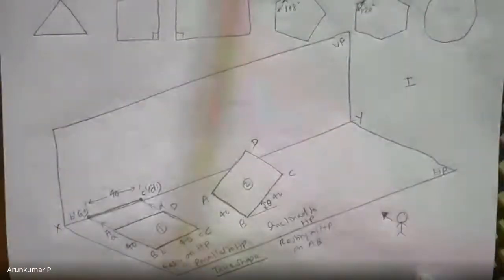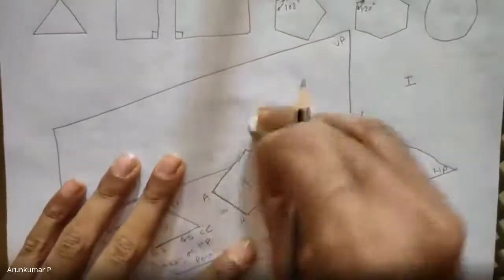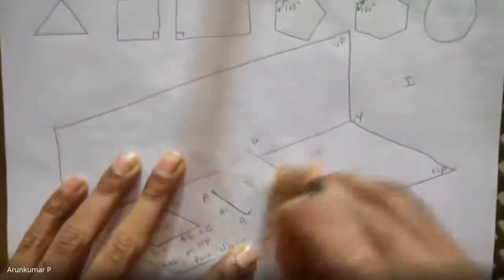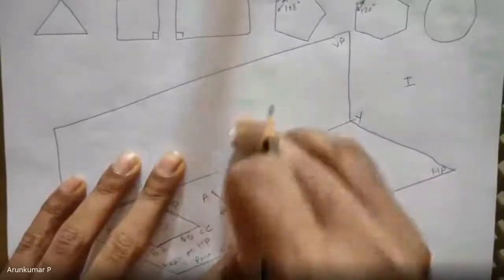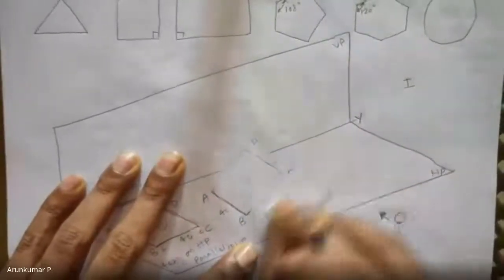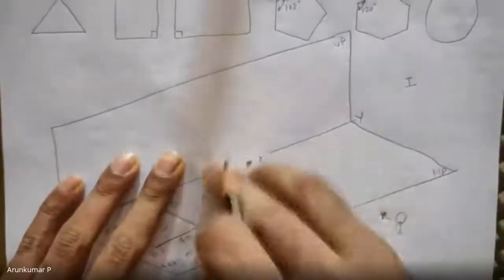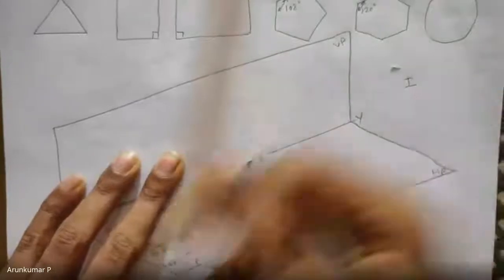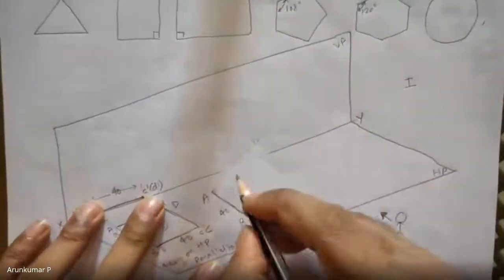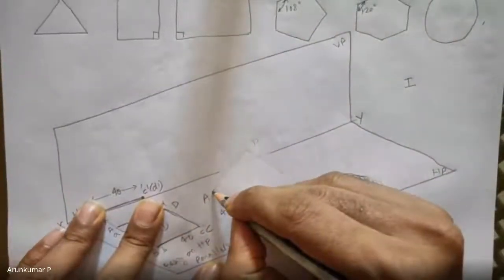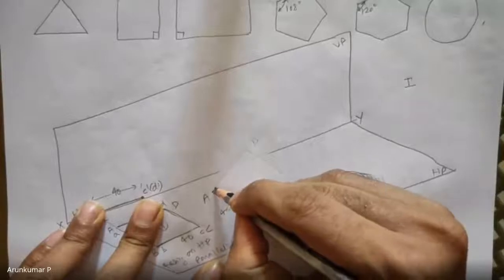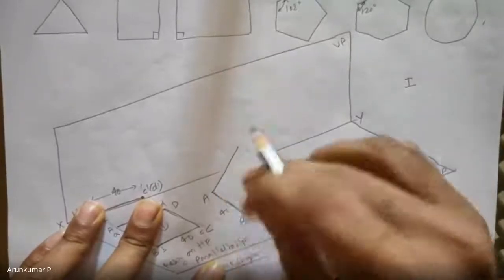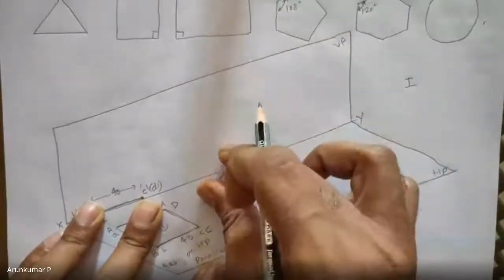Now, in this situation, when it is inclined to HP, I think I'll just redraw this to drive home the point. So whatever is this line, I'll put it here.